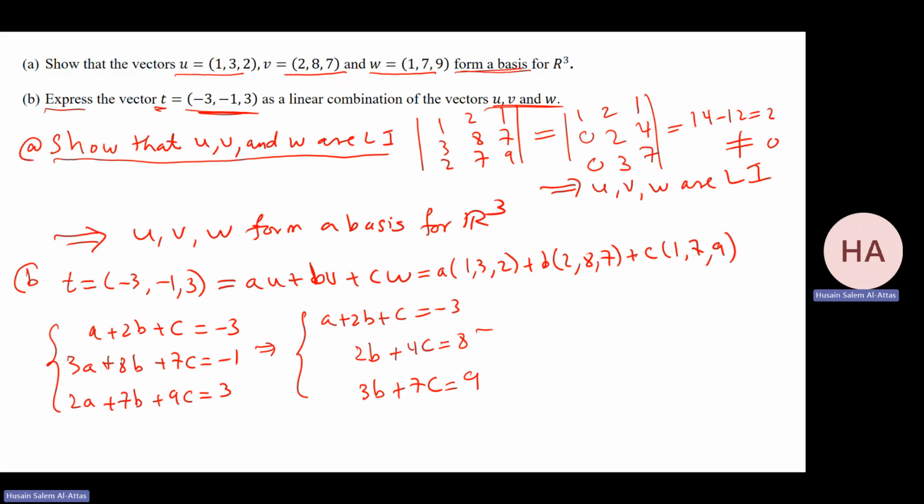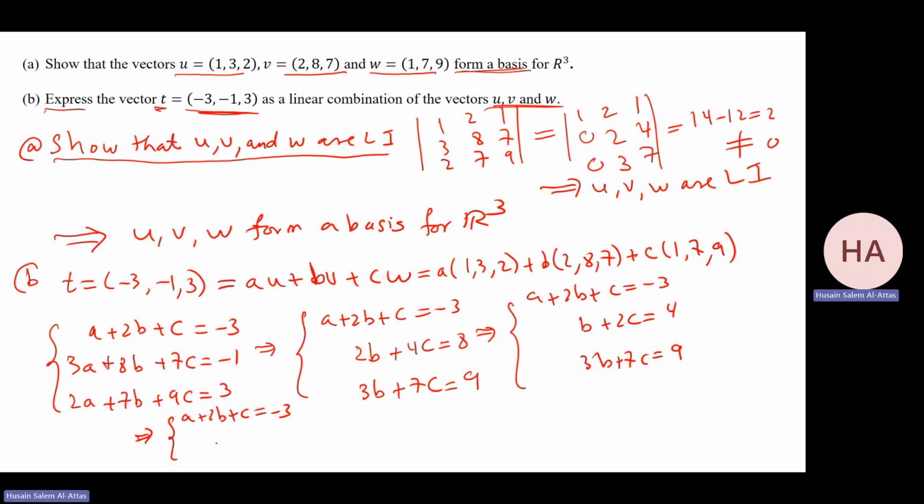Also I can rewrite the second equation, to make it easier, as B plus 2C, I divide by 2, equal to 4. So that will make it easier for me to do the calculation. So now I have this system, which is A plus 2B plus C equal minus 3.